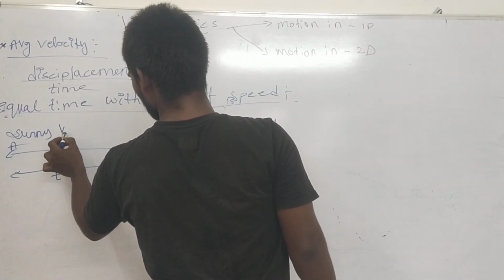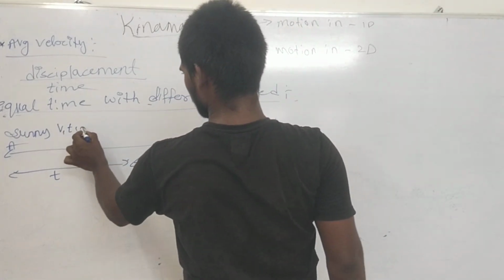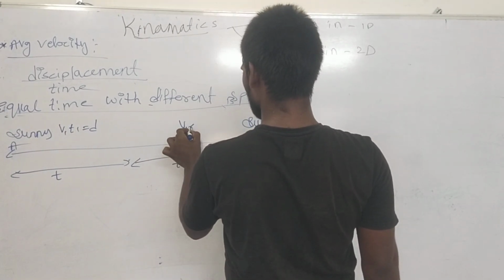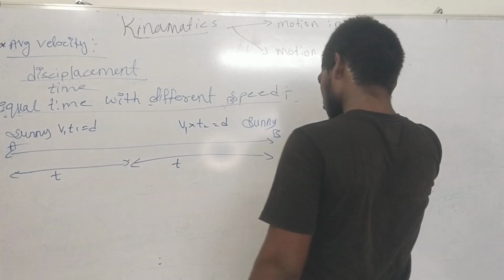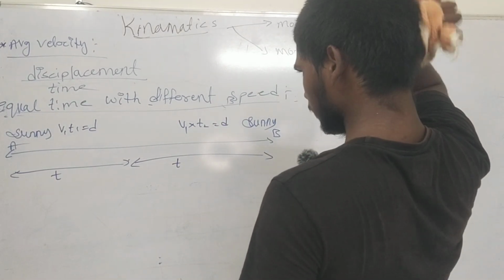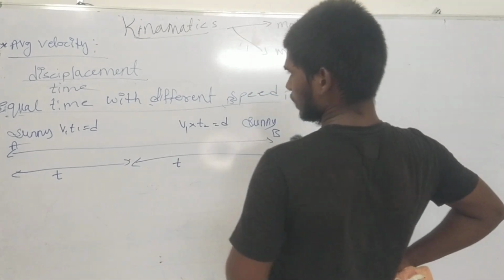So V1 into T1 distance, right? And V2 into T2 distance. So what is the total displacement?